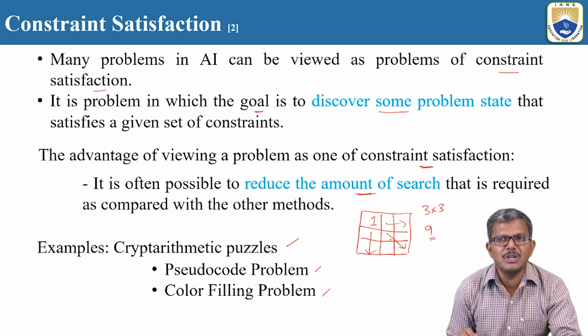Whenever I am trying to place a particular number in a specific box, it is not allowing me to do that directly. Before inserting, I need to satisfy some constraints. What is that? The number should not be repeated in these particular directions. Like that it will be in the Sudoku problem, and we are going to see the color filling problem in detail in the coming slides.